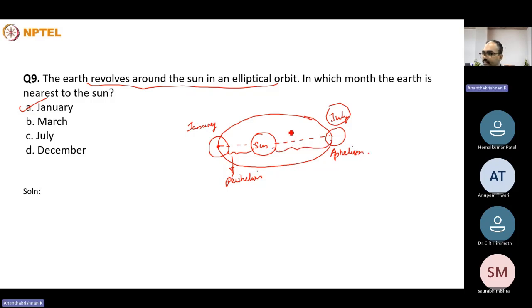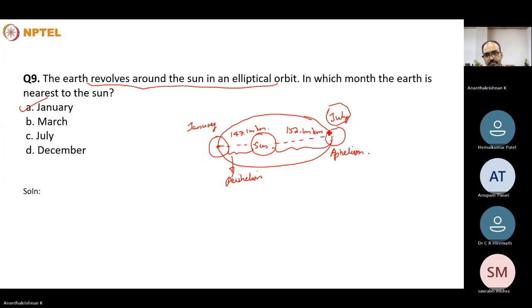The aphelion distance is 152.1 million kilometers, and perihelion is 147.1 million kilometers. So in January, the southern hemisphere experiences harsh summers, while the northern hemisphere will be having a slight winter.